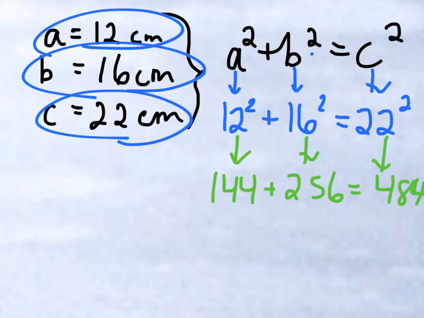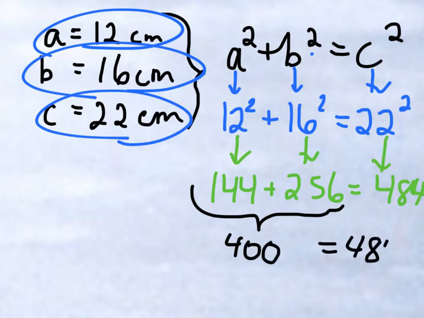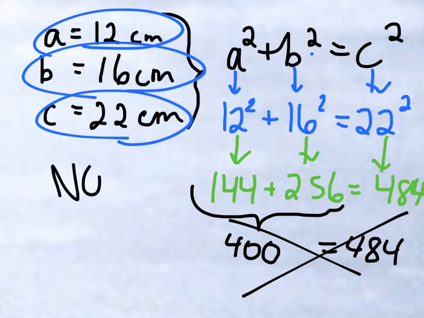So now we just need to add these two numbers and see if we get 484. So 144 plus 256 gets me 400. And is 400 the same thing as 484? Definitely not. So our conclusion here would be that these three numbers do not form a Pythagorean triple.